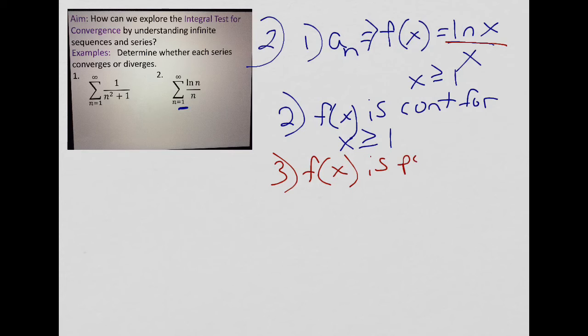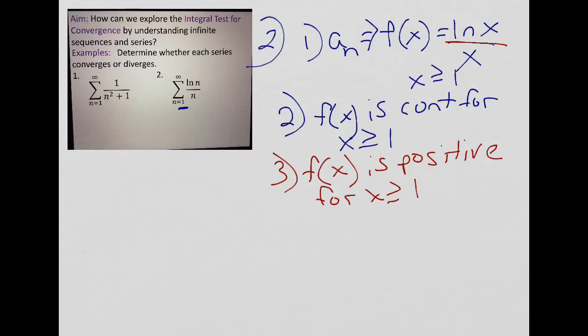So is f of x positive? That means that if we were to graph this, is it entirely above the x-axis? Like I said, you can start plugging in values. It can equal 0. That's no problem. It would still be considered a non-negative function.